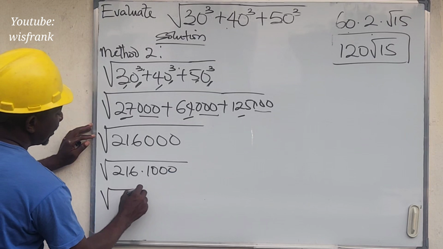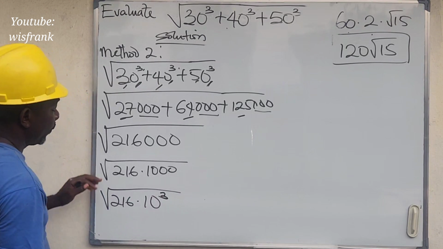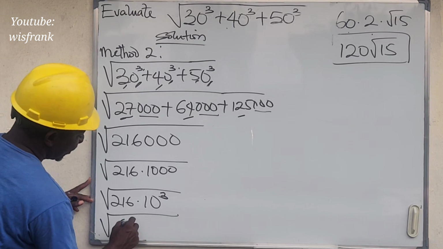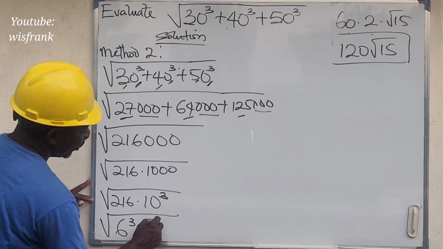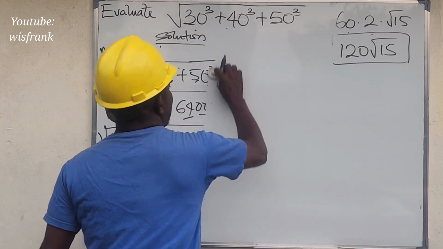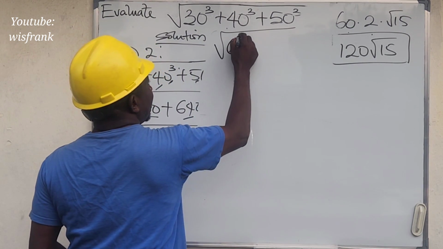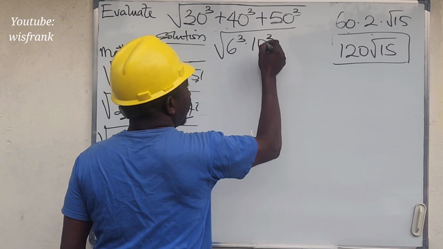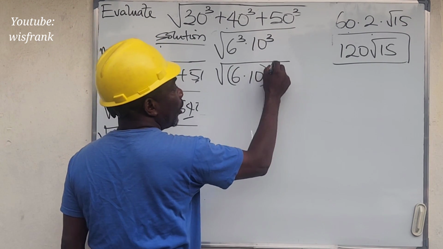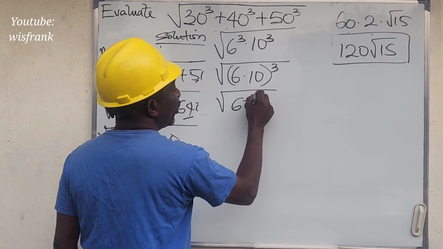So we can write this as square root of 216 times 10 to the power of 3. 216 is the same thing as 6 to the power of 3, so we can rewrite this as square root of 6 to the power of 3 times 10 to the power of 3. This is the same thing as square root of 6 times 10, all to the power of 3. 6 times 10 is 60, so we have square root of 60 to the power of 3.